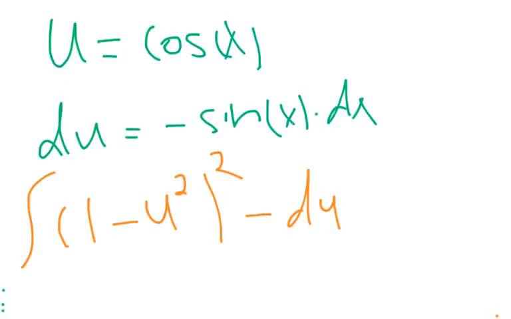Now we got to operate within the parentheses, so it's 1 squared, which of course is just 1, minus 2u squared plus u to the fourth.